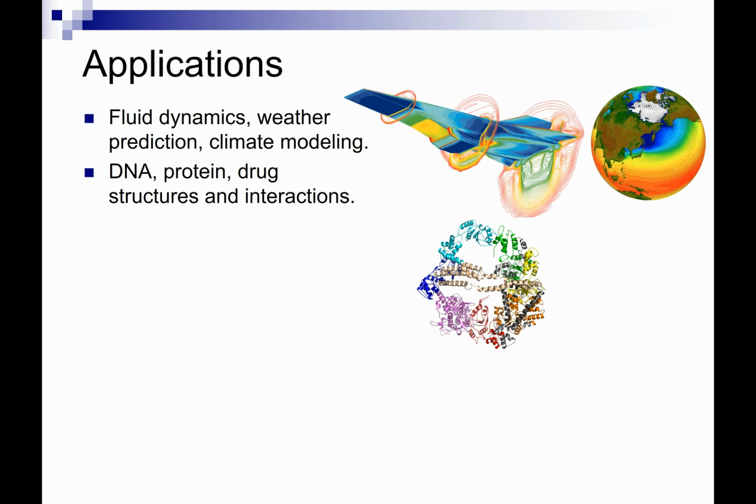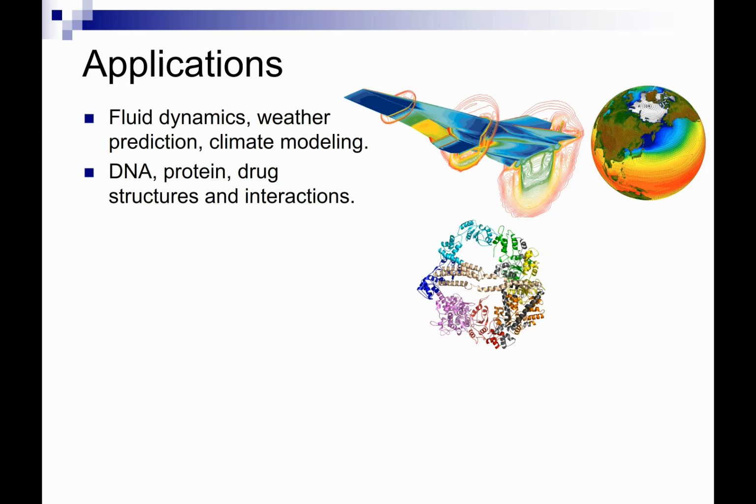Another type of simulation that we can do is for biological applications. For example, we can do simulations about how proteins will behave. We know that the function of the protein is based on the structure of the protein. So given a description of the protein in terms of its amino acids, we want to know what shape that protein will take.